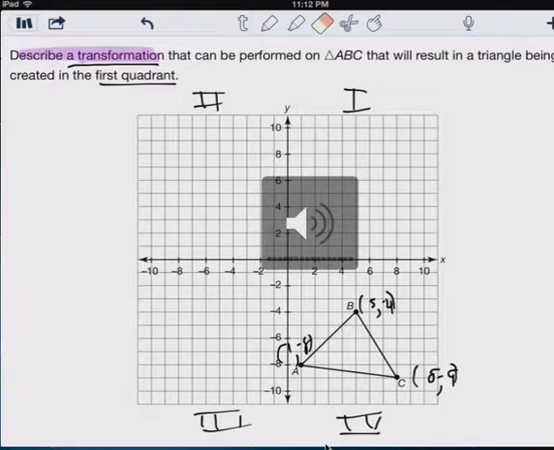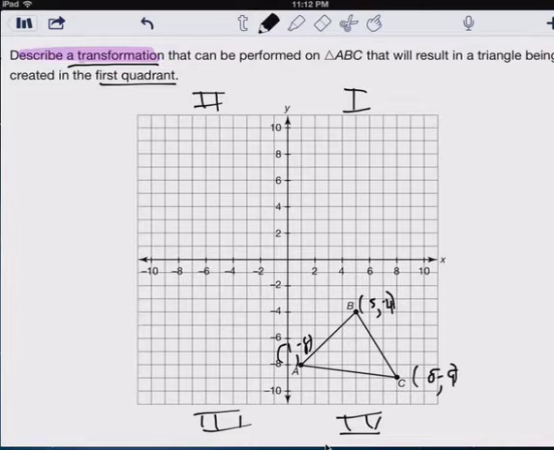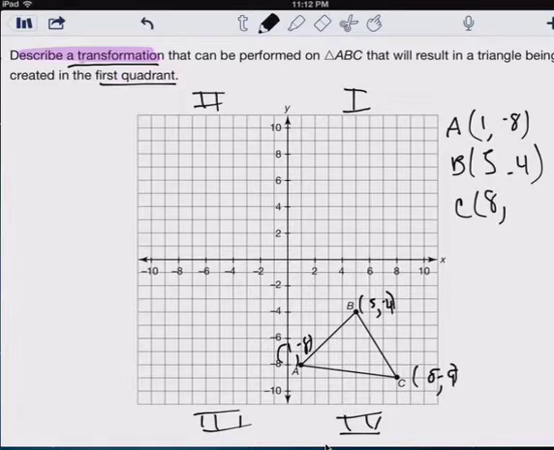So if triangle ABC, original A is 1, -8, B is 5, -4, and C is 8, -9.